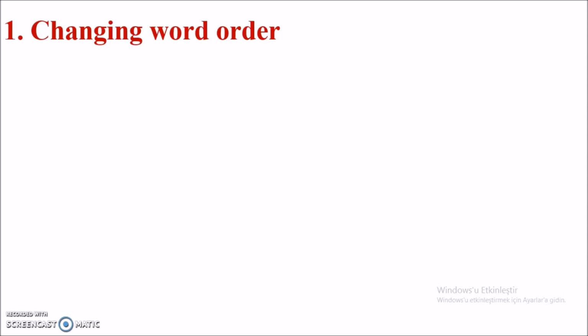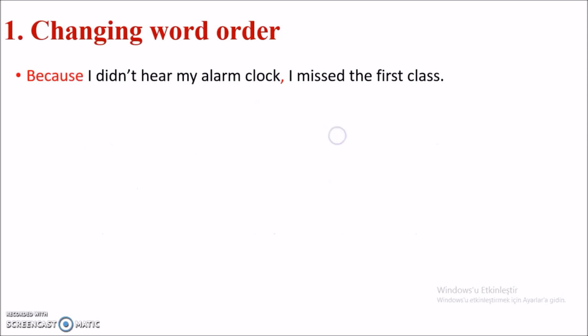The first technique is changing word order. When we say changing word order, it might refer to a word or a sentence. As you see in this sentence, there is one independent and one dependent clause, and these are linked with because. Because I didn't hear my alarm clock, I missed the first class.